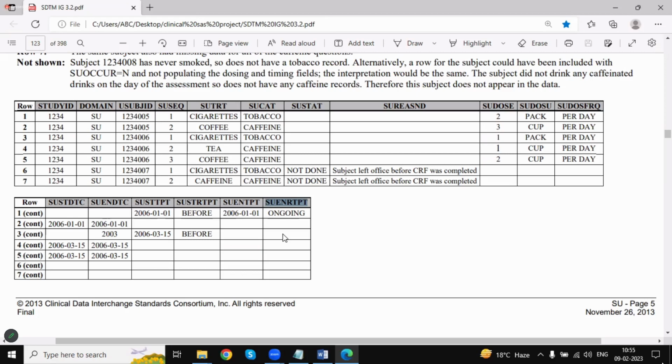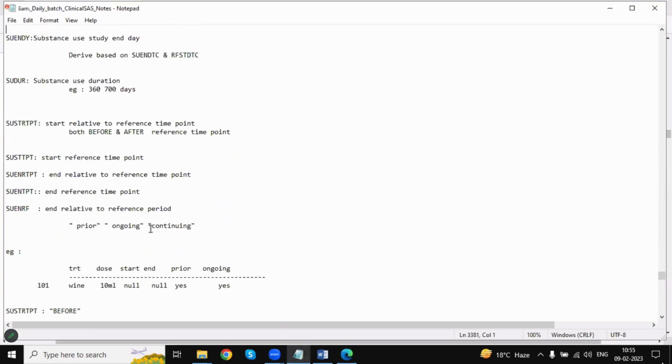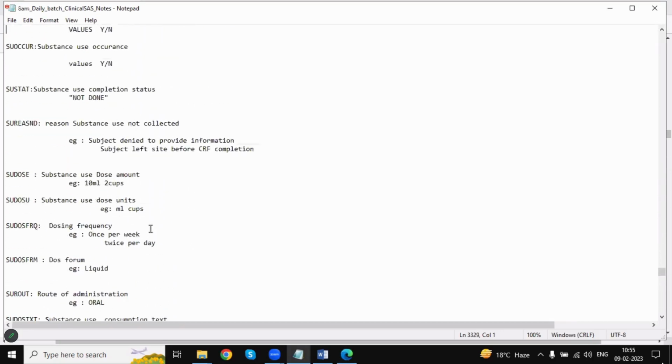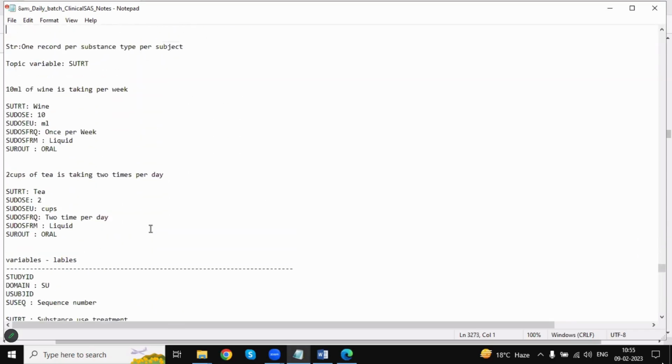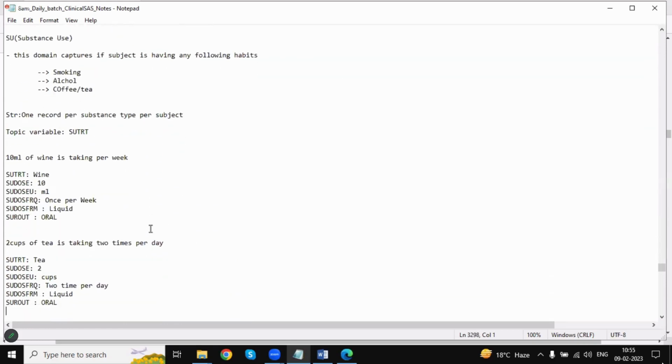Okay. Clear? One of the easiest domains is the SU domain. Clear? That's it. These are the variables we have in the substance use domain.